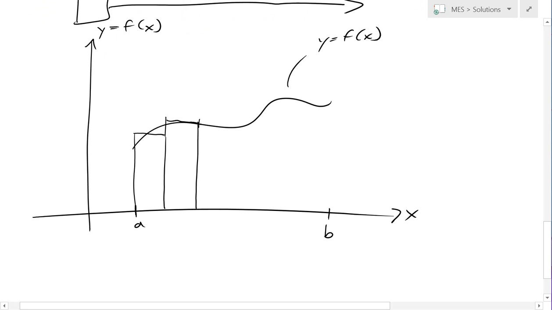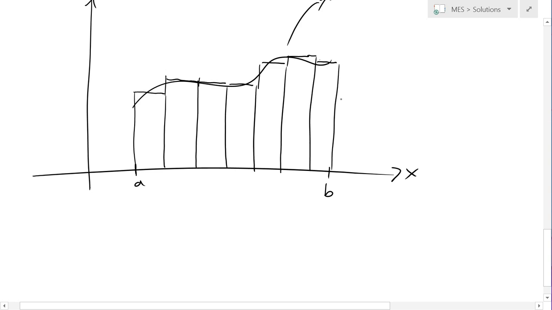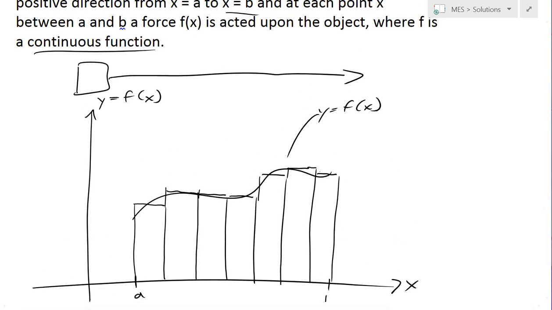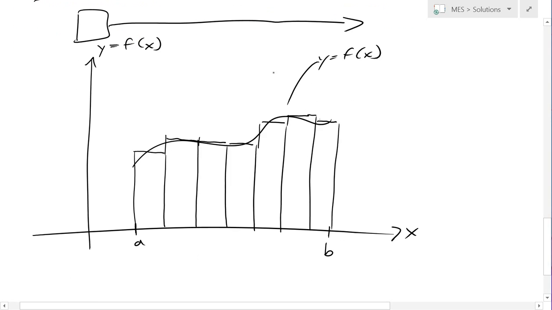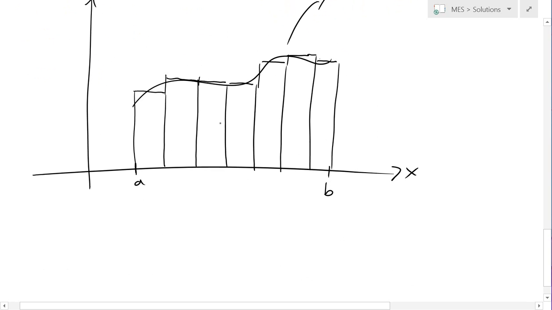So we keep drawing these rectangles across this path. And once you draw them all, you get something that looks like this. The idea is we break this up into many rectangles, and now we can solve the force required to move the object from a general point right here, x equals i minus 1, to x equals i.